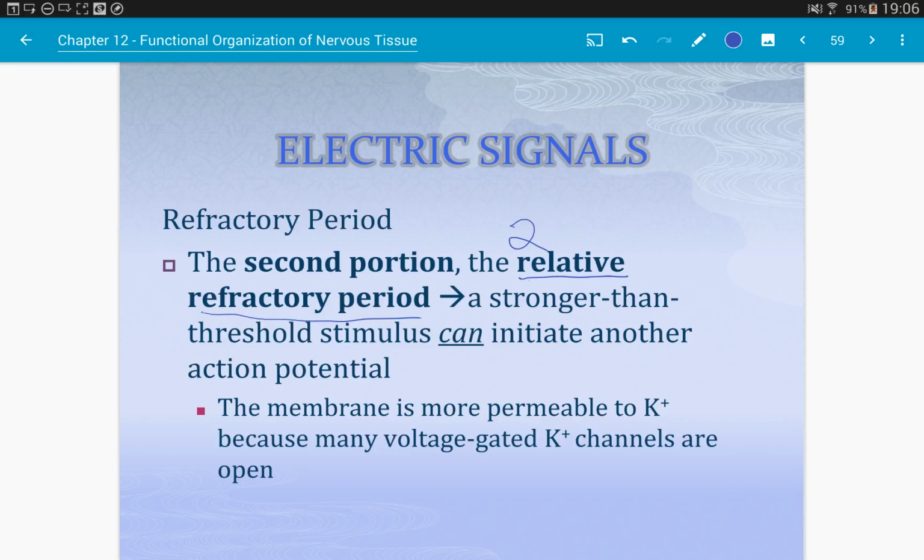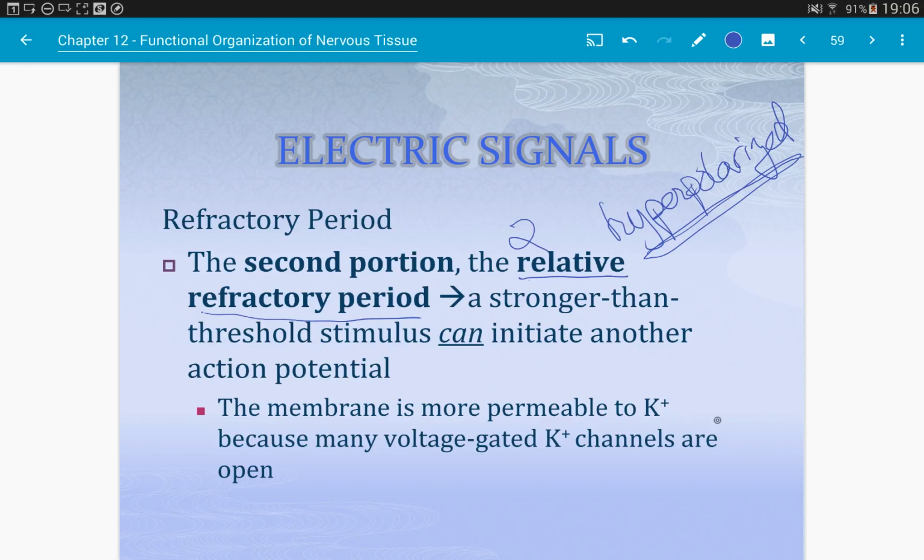Because at this point, during this period of time, your cell is still hyperpolarized. So you need a stimulus that is stronger than normal to be able to trigger this hyperpolarized cell. Okay? And so if it is strong enough, you can generate an action potential.